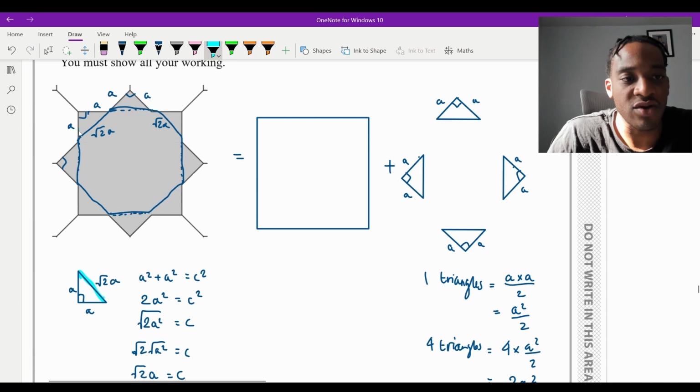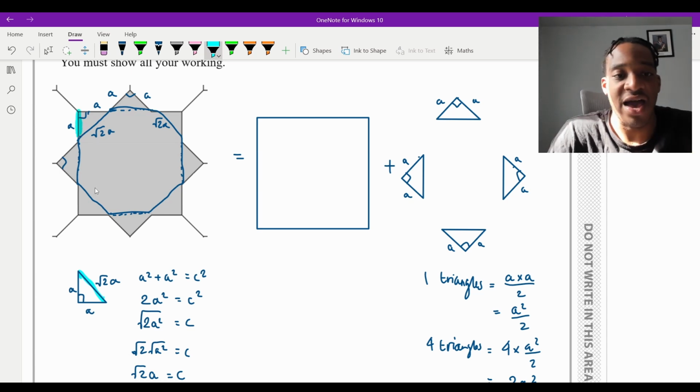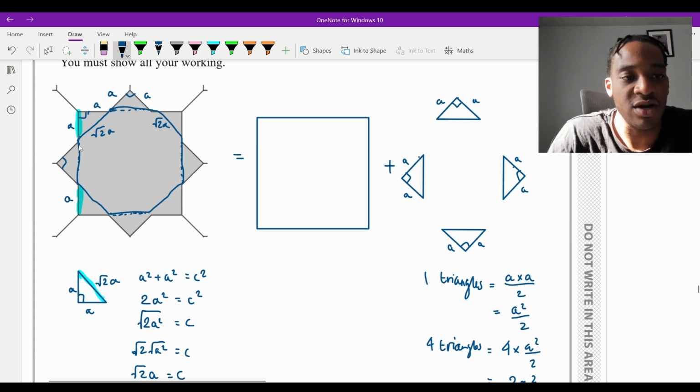So we've got this here. This is one part of the square, one part of the height, and so is this one. We know that these are all a because this is part of the regular octagon on the outside. So I'm going to put this part like this, and these are both a's. This is an a, and that's an a.